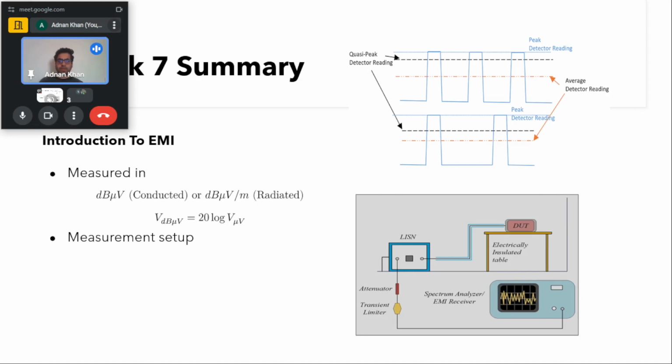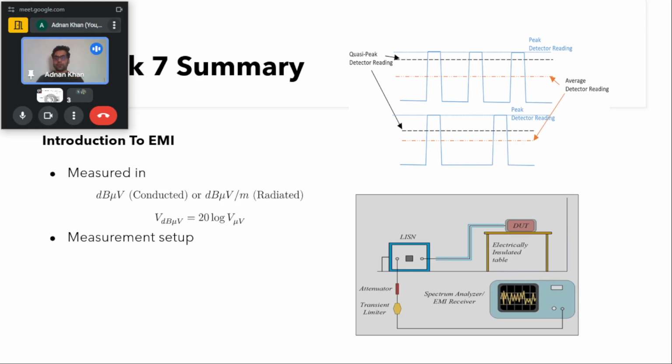The other measurement that is taken into account is the quasi-peak. This quasi-peak is similar to an RMS that we calculate for our switching voltages or currents and so on. This measurement not only takes into account the voltage level of this EMI wave, but also the frequency of this wave.